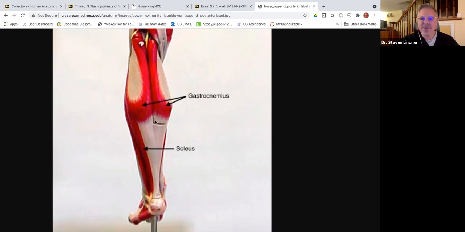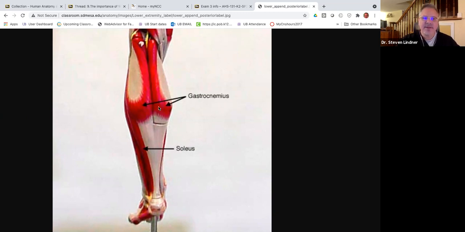If you look inferior to it, here's the infamous Achilles tendon, named after Achilles, or the real pronunciation would be Achilleas. Achilleas is the appropriate name in Greek, but we call it Achilles. And then deep to the gastrocnemius, we see the soleus muscle. There's a little bit here. That belly is soleus. That line right there is the soleus. And on this side, it's the soleus.